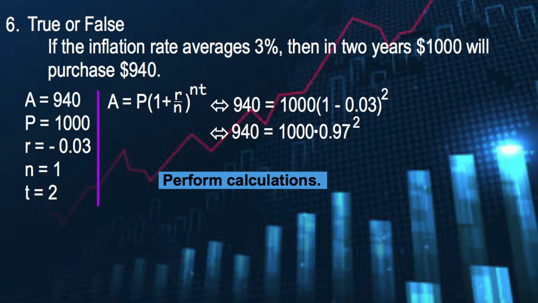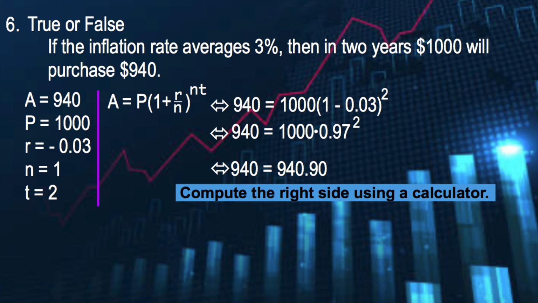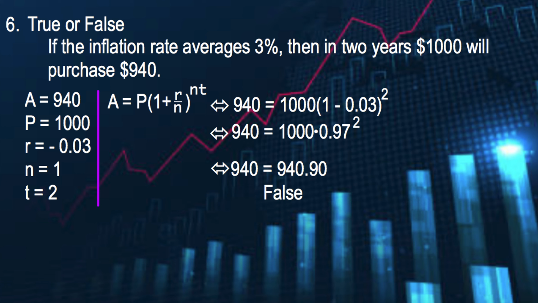Performing calculations, 940 equals 1,000 times 0.97 squared. And we can compute the right side using a calculator, equivalent to 940 equals 940.90, which is false. Those two numbers do not equal each other. Final answer, false.